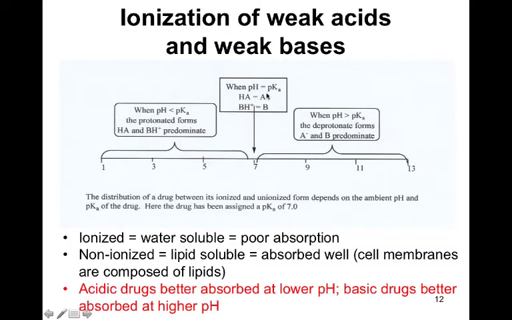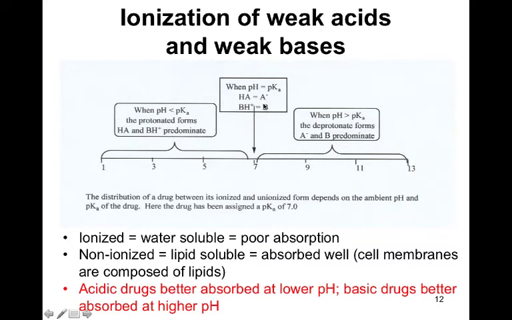Now one more thing I want you to remember is the weak acid here is protonated but unionized. Okay, do not confuse protonation with ionization. A weak acid is protonated and therefore unionized. When it loses its proton, it becomes ionized. It gives you the negative anion.